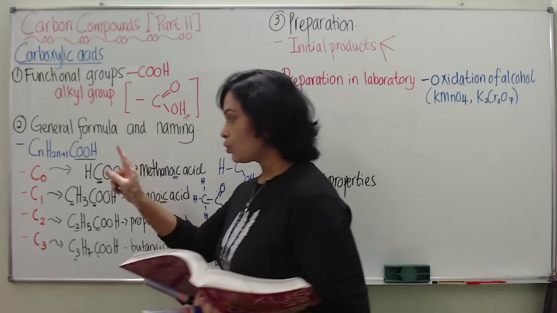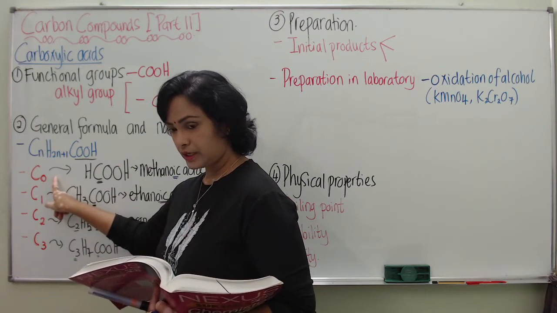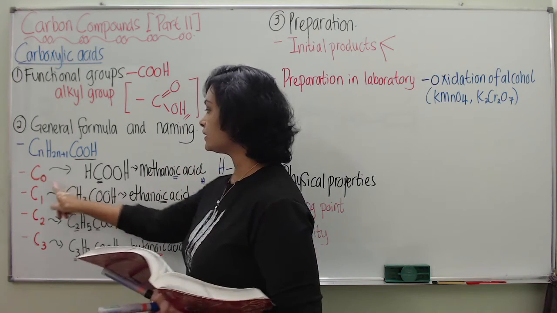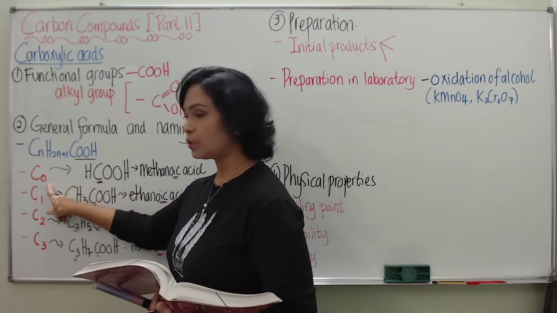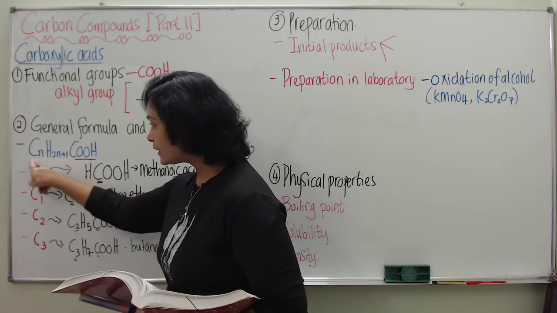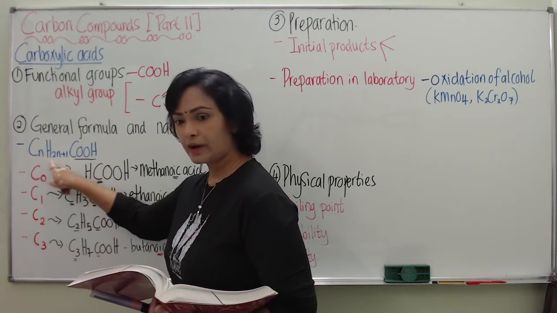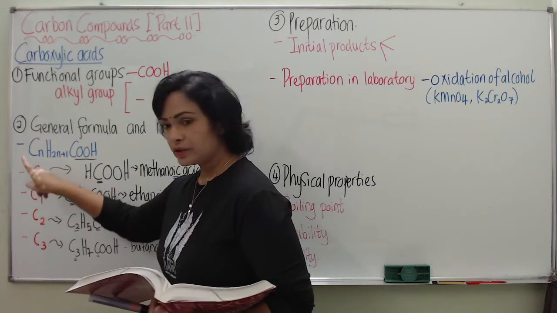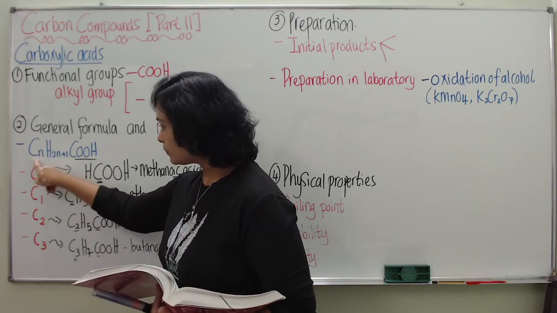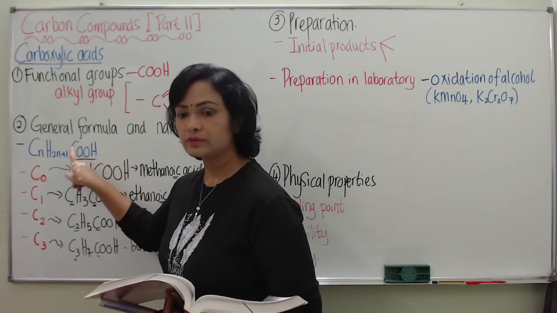But please don't be confused that the first member of carboxylic acid, methanoic acid, is said to have C0. The C0 is applicable only to the front part. The teacher repeats, the C0 is applicable only to the front part, so the COOH does not change.